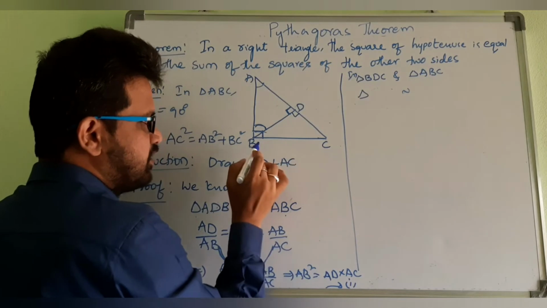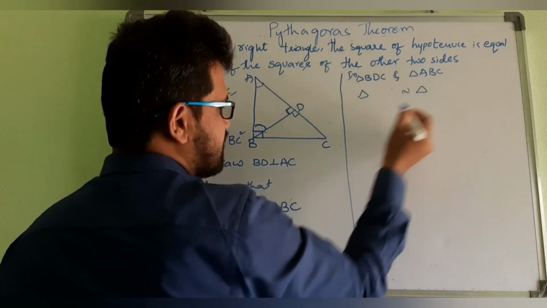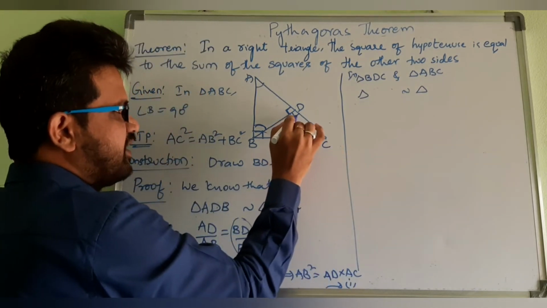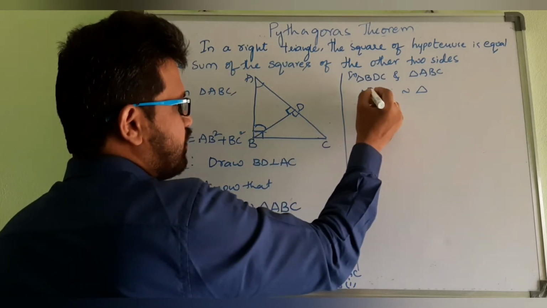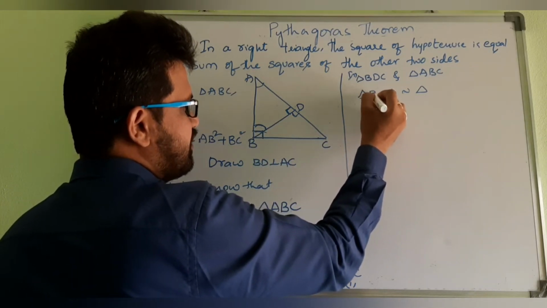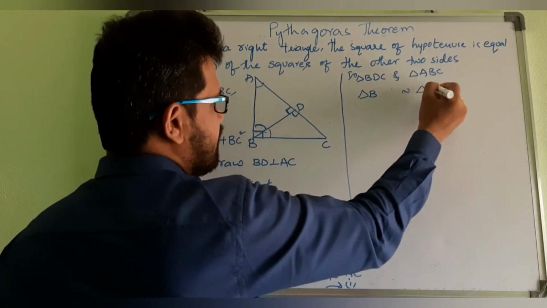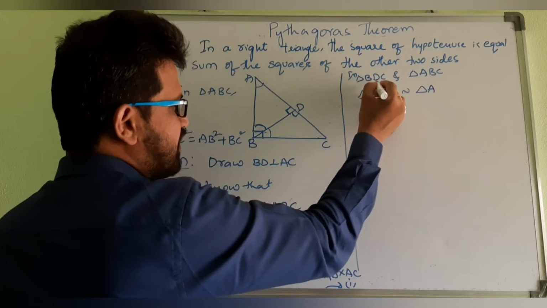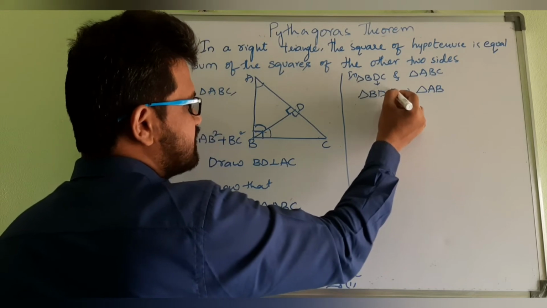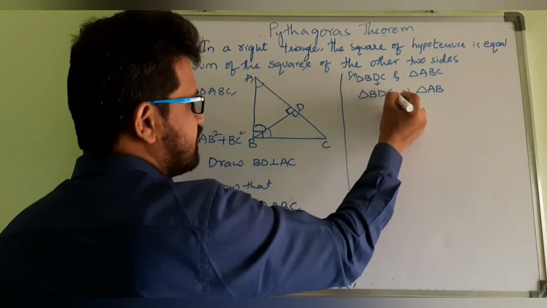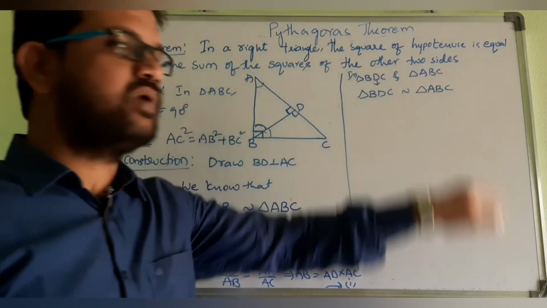See, BDC: in the smaller one, the common angle is C, and the right angle is D, and in the bigger one it is B. So the right angle is D, B, and the remaining is B, A. In the smaller one the right angle is D, here the right angle is B, and the remaining is C and C, the common angle.